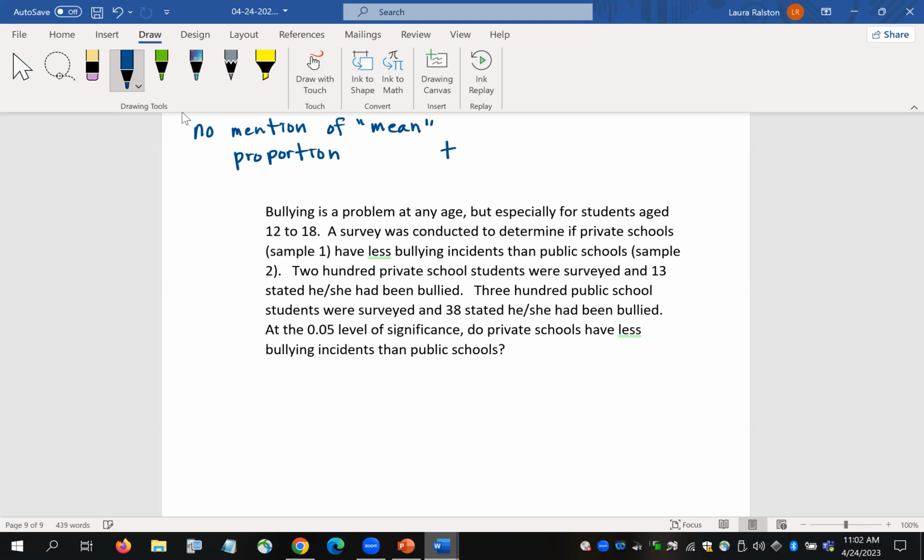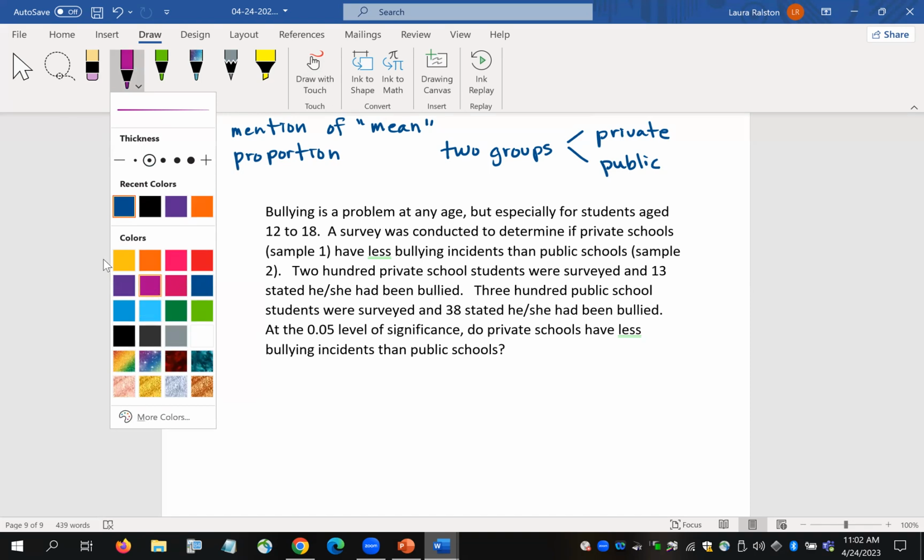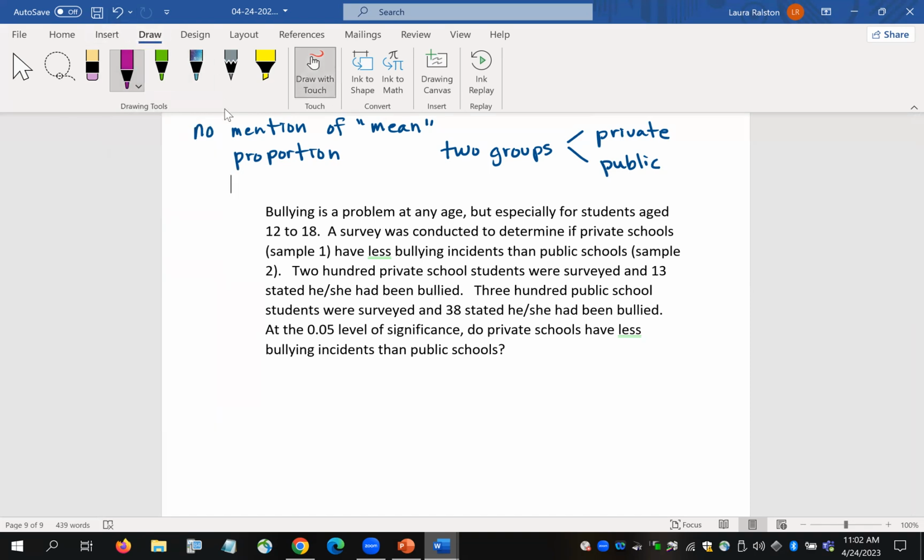You have two groups in the scenario because we're comparing private school to public school. So hopefully the fact that you've got two groups helps you to realize that you're going to do a two proportion z-test.